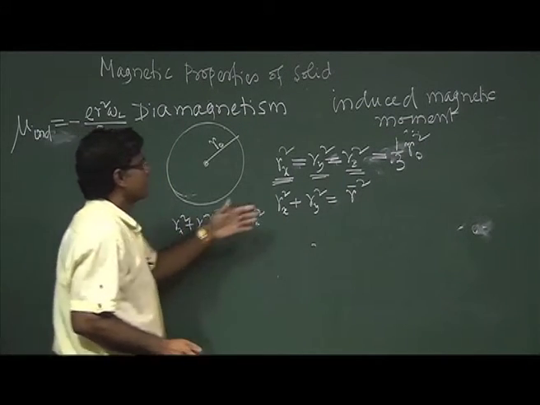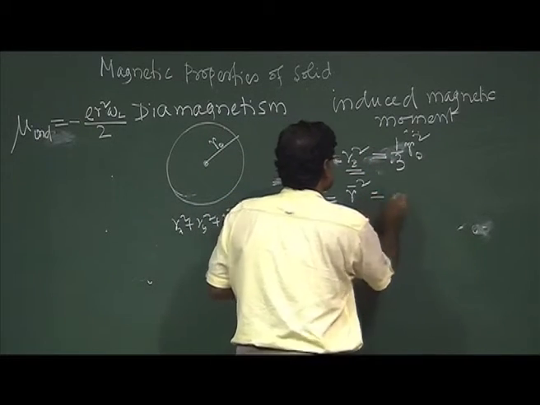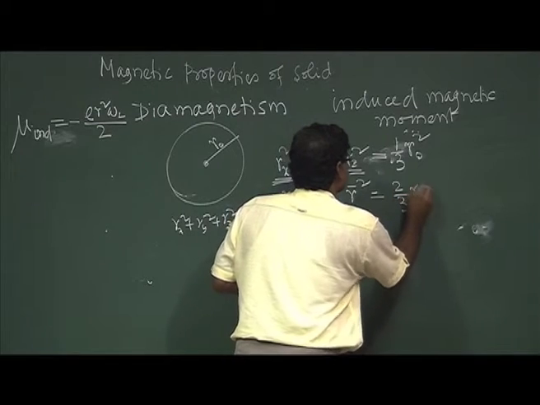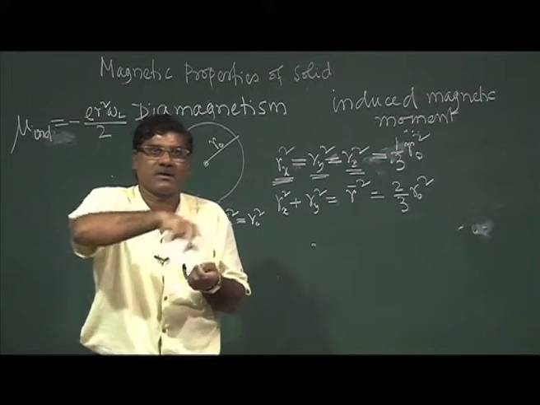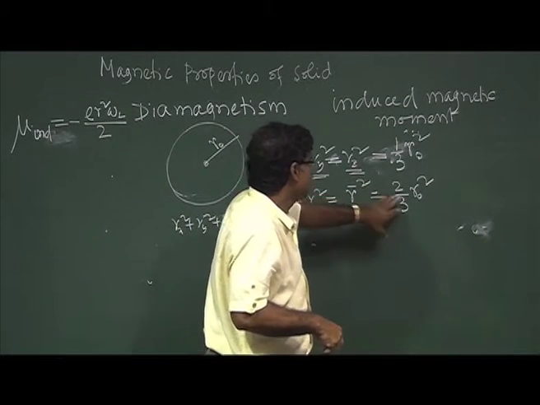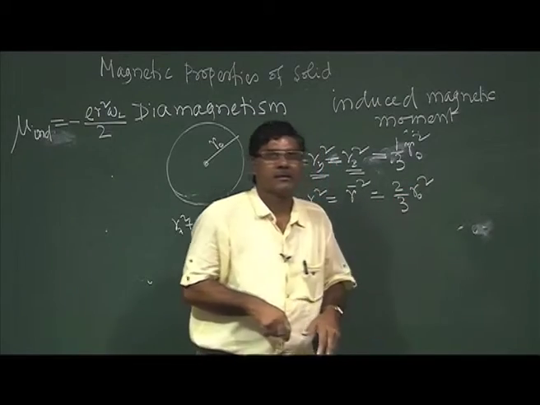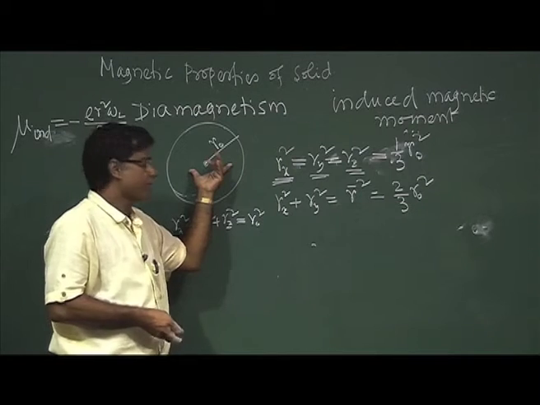So it is 1/3 of this. Then for the orbit in a plane this is 2/3 of r0 square. So the average radius squared of this orbit, r average square, is basically 2/3 of the radius of the atom squared. Okay.